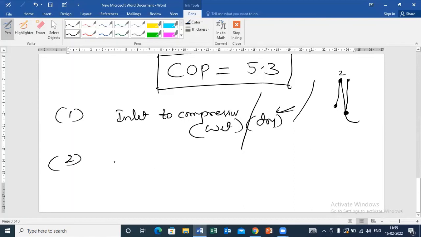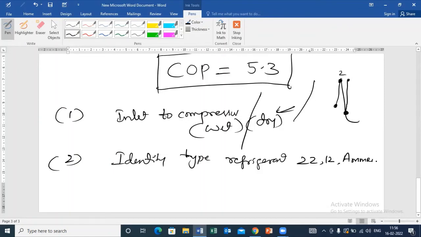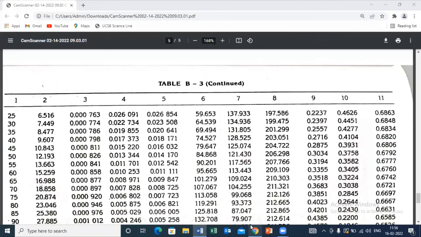Second step is to identify which type of refrigerant is given, whether Freon 22, 21, 12, ammonia, carbon dioxide; different types may be given in the numerical. Third step is to go to the thermodynamic data handbook and take the values.